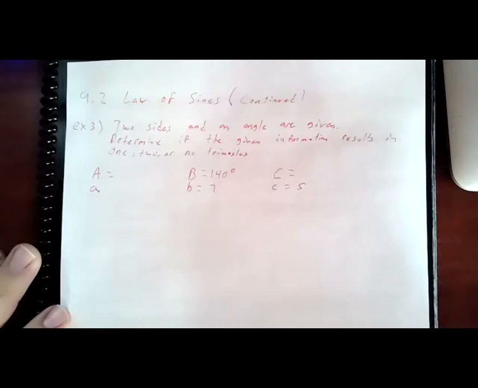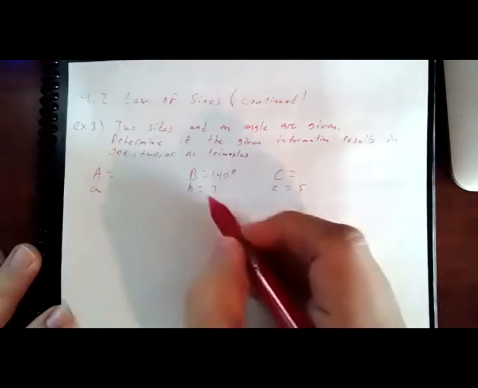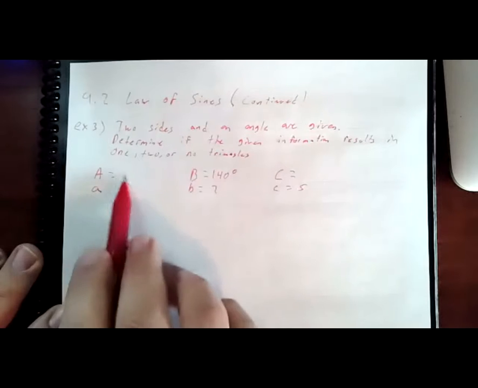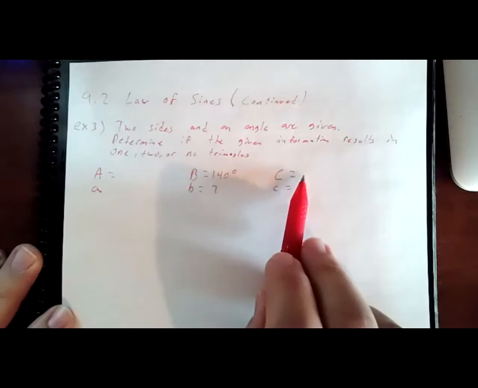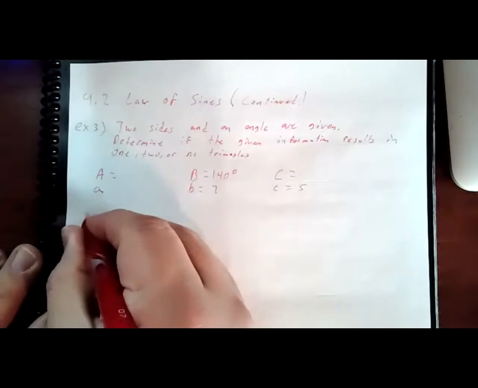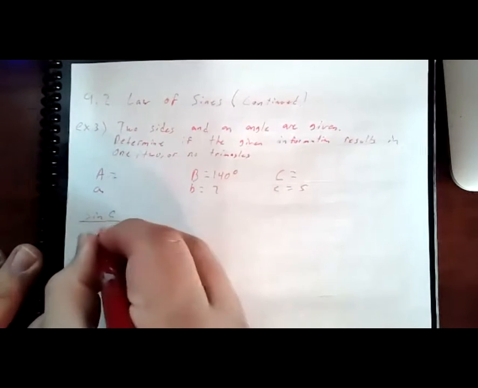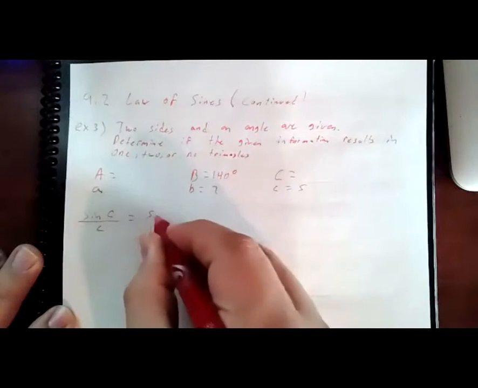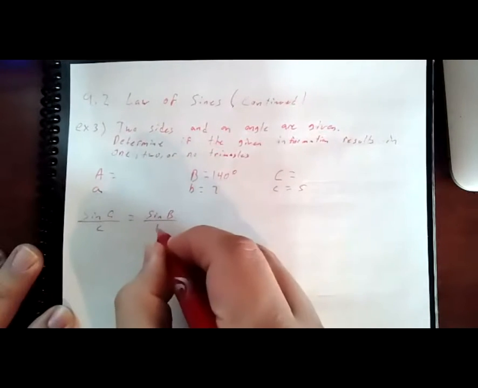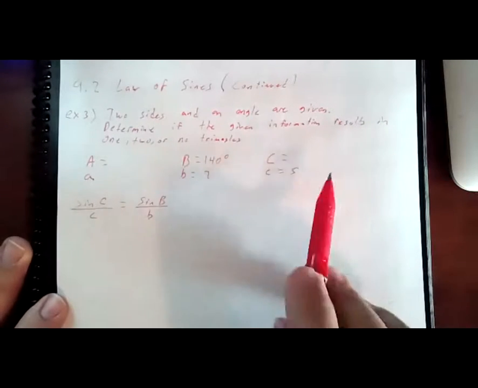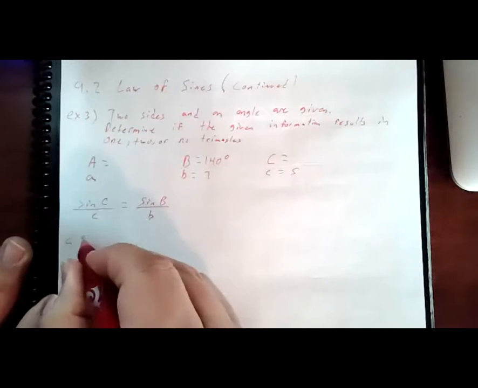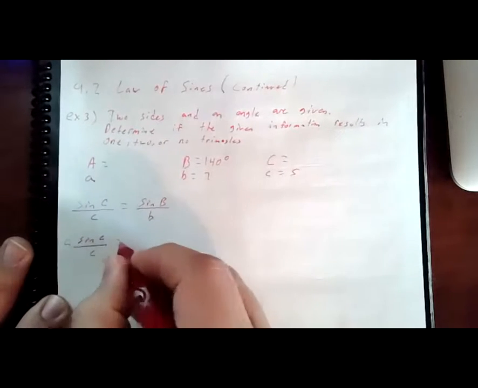So let's go ahead and solve like we did last time. We have this B here. We do not have any of the A's, but we do have this C. So we should be able to find big C. I can set the equation this way: sine C over little c is equal to sine B over lowercase b. I'm going to solve for C, so we'll multiply both sides. This time I'll go ahead and show the algebra, just for fun.